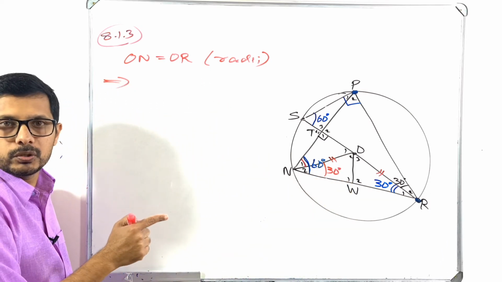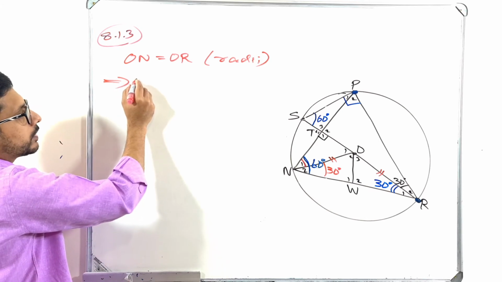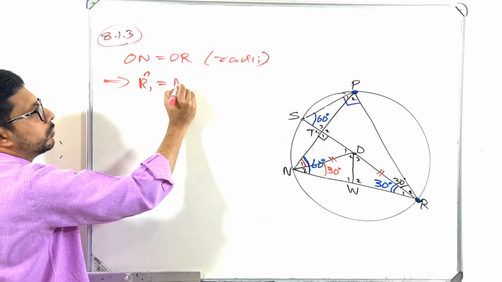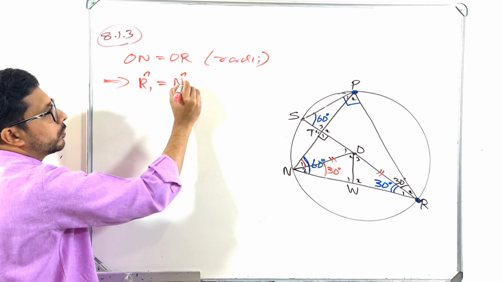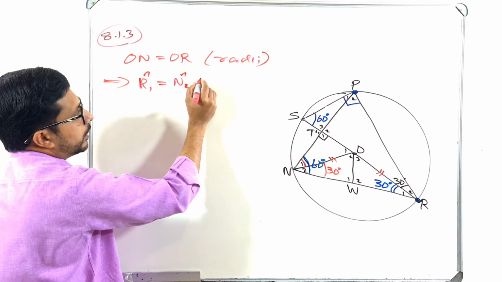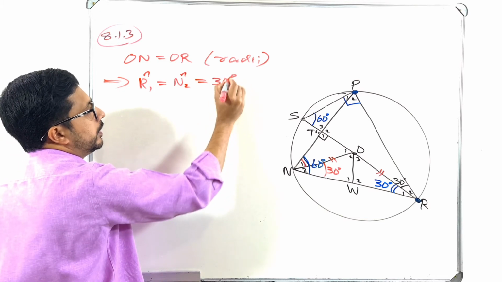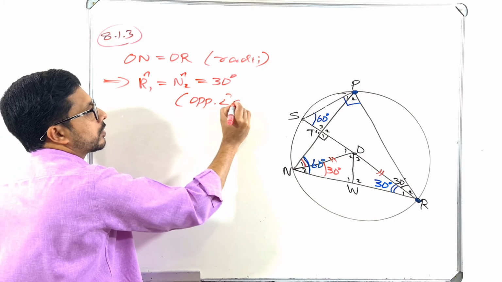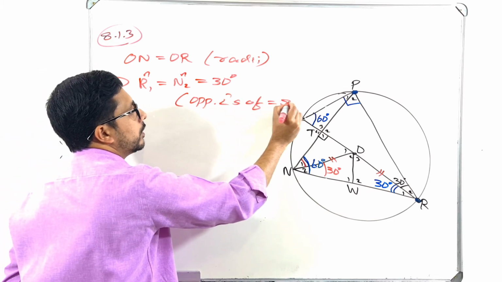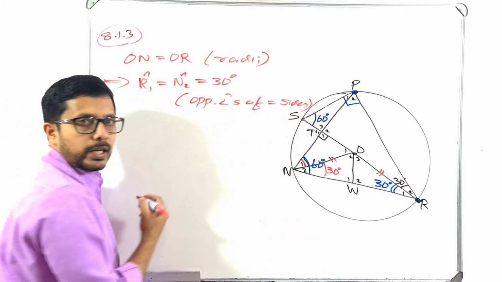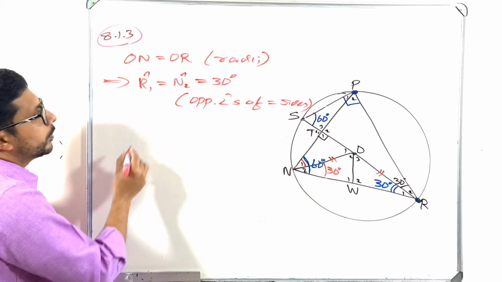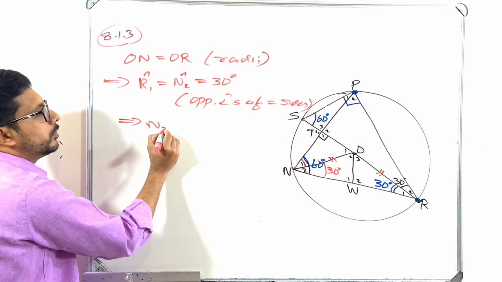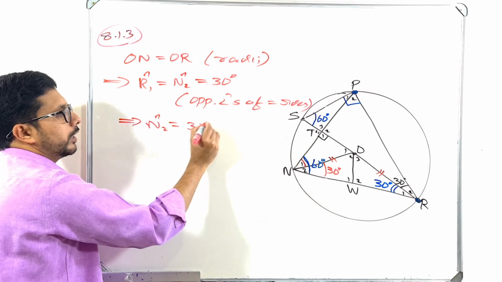Opposite angles of equal sides. So angle N2 is also 30 degrees.